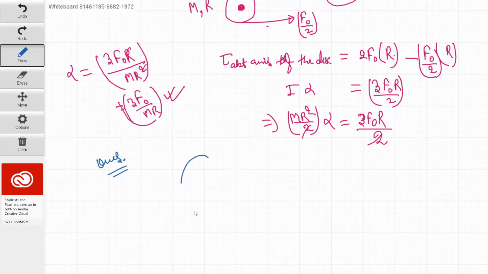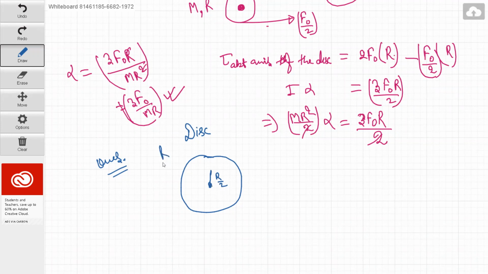Now, this is the disk. The radius of the disk is r.